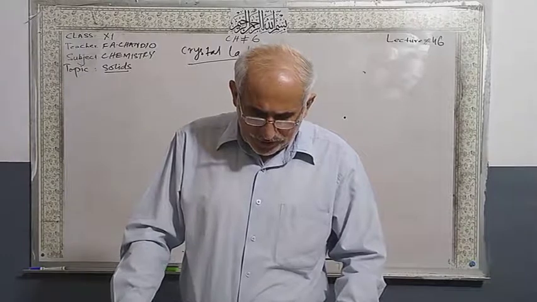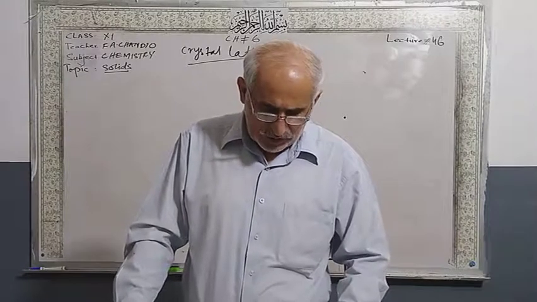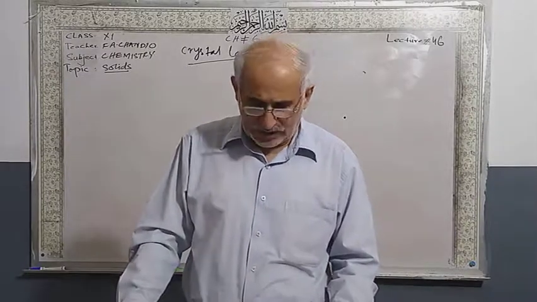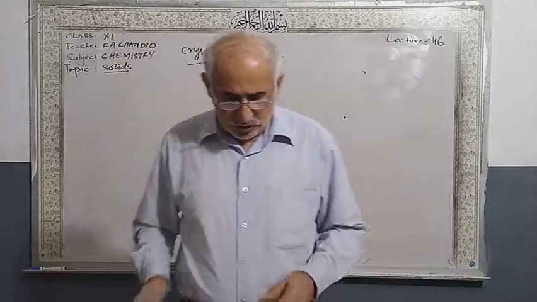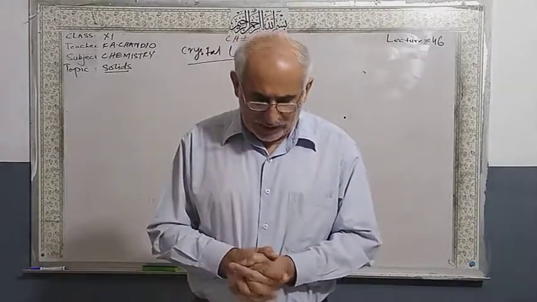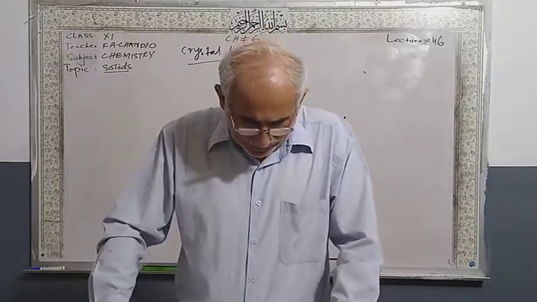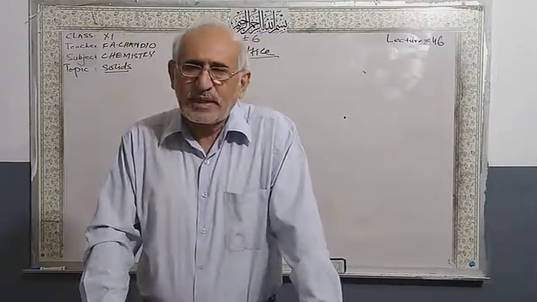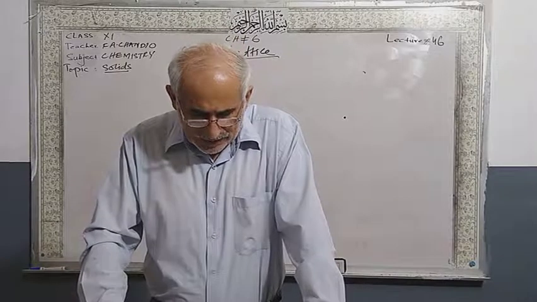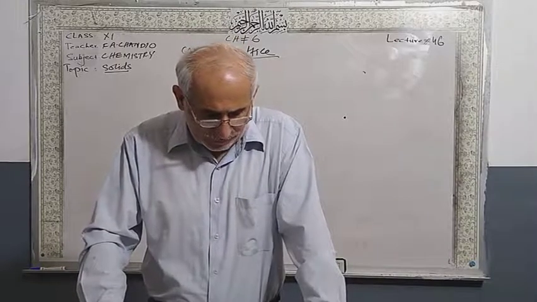So the unit cell describes the pattern by which the particles are arranged in a crystal. There are three things: shape of unit cell, contents of the unit cell. The atoms, molecules or ions present in the crystal lattice are repeated in a systematic manner.